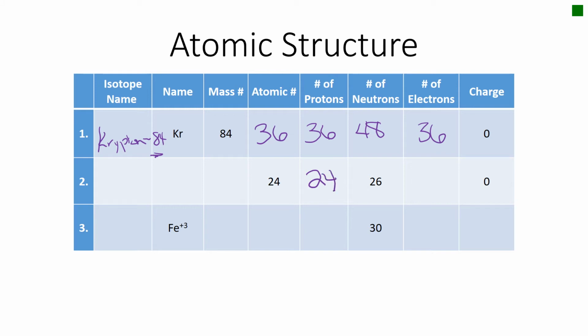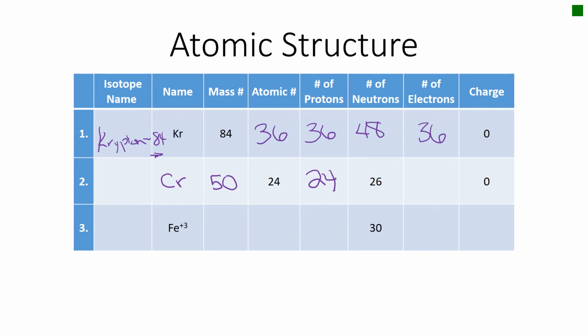By looking at my proton count, or my atomic number, I know that my symbol is Cr. Okay, now I'm going to try to figure out my mass. My mass is equal to my protons plus my neutrons. So I'm going to take 24 and add 26. So I get 50. Now what I want you guys to note is that if you look on the periodic table, it says its mass is 52.